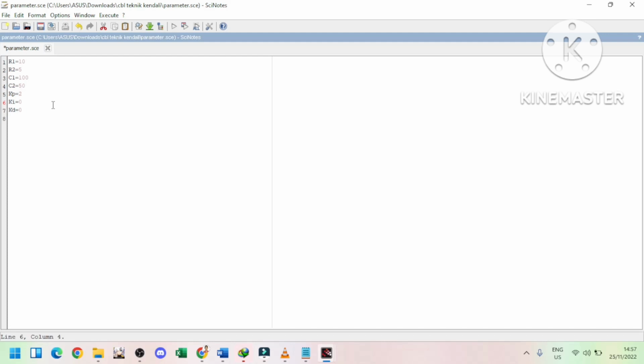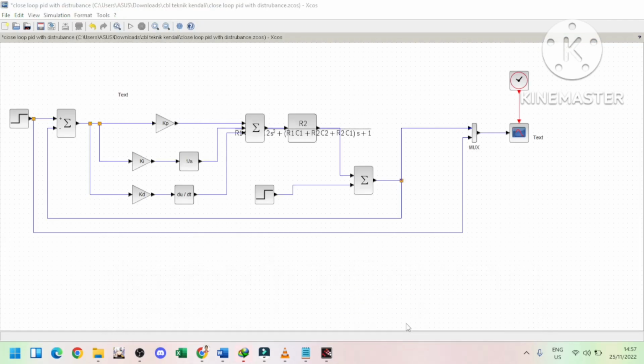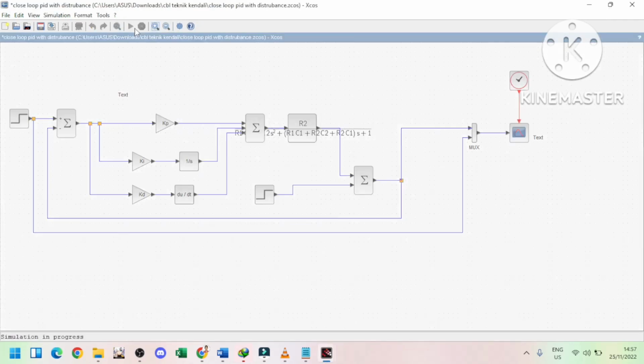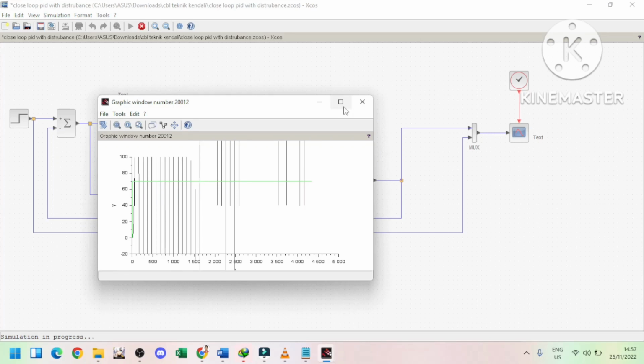If we make it bigger, it will be even more of a disaster. So we need to make it smaller.